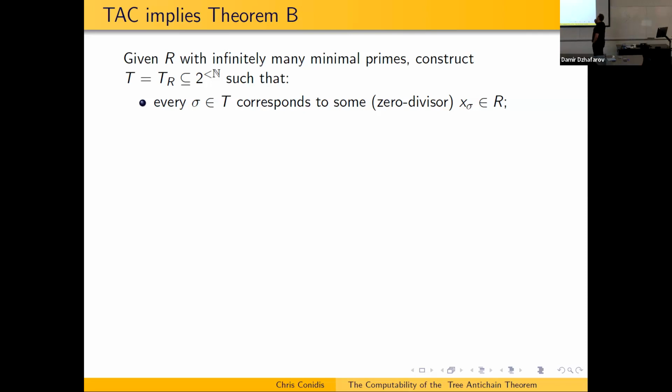Every node in our tree is going to correspond to some kind of zero divisor in the ring.